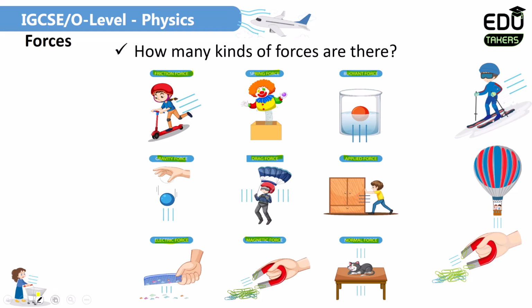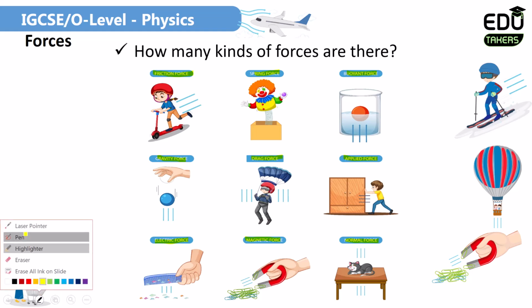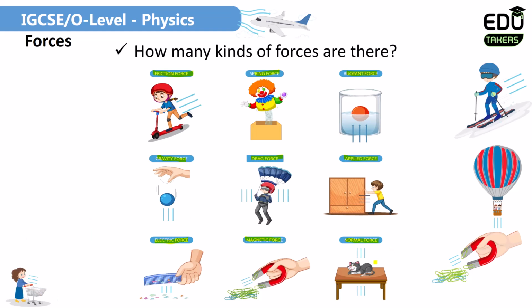In this case, you can see here there is a table over which there is a cat, and the force is acting in upward direction, so that there is an angle of 90 degrees between them. I can simply say that when the force acts normally to any object, it is basically the normal force.